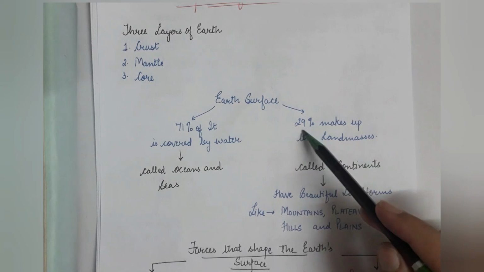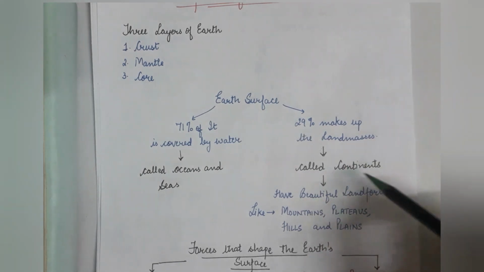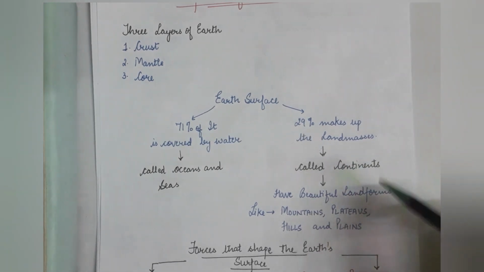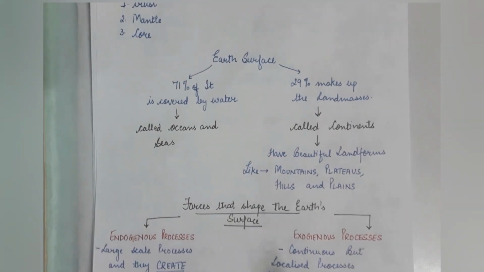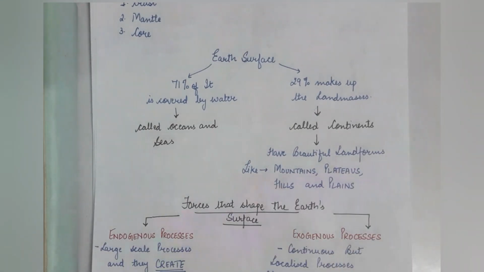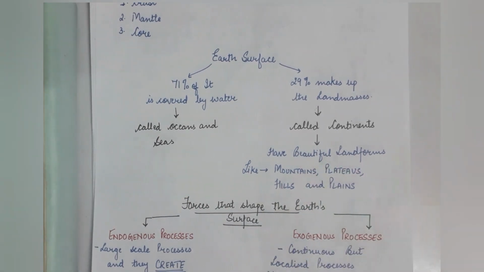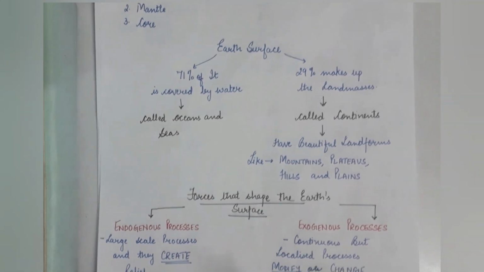Land masses cover only 29% of the area, and land masses are known as continents. The continents are blessed with different beautiful landforms. They do not have a single feature, but different types of features: mountains, plateaus, hills, plains, and many other things like islands are also present there.